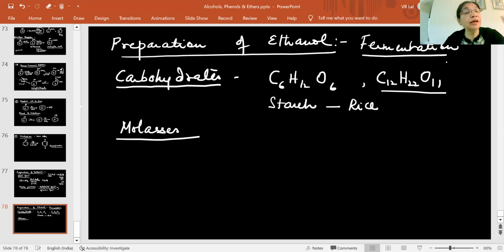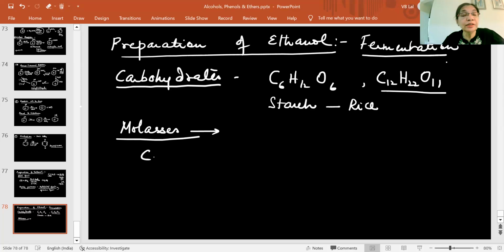Molasses is the mother liquor from which sugar is obtained. So molasses still contains a lot of sugar, and molasses is converted into ethanol. How is it sold in the market? This is not in your syllabus, but I'm just telling you for your general knowledge. It is sold by the name of a liquor called rum, R-U-M. I don't know whether you have heard of it.